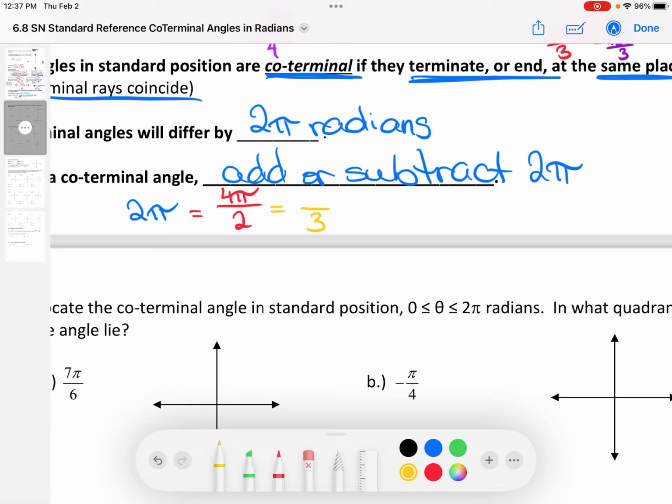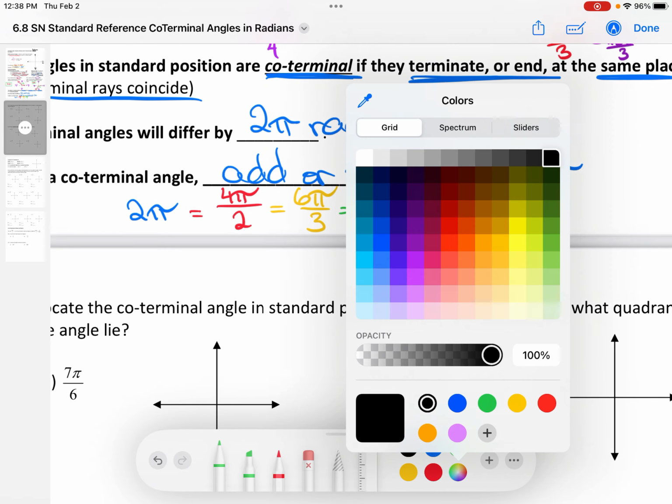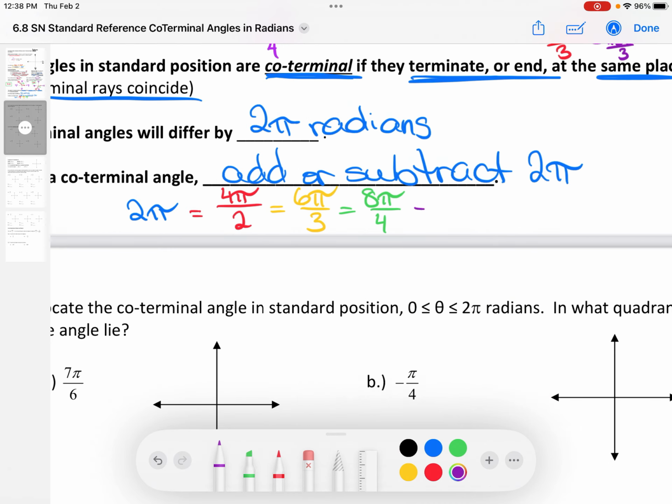If we have a denominator of 3, that's equivalent to 6 pi over 3. If we have a denominator of 4, it will be 8 pi over 4. And if we have a denominator of 6, that will be 12 pi over 6. All of those are equivalent forms of 2 pi. We may need to use any one of those.